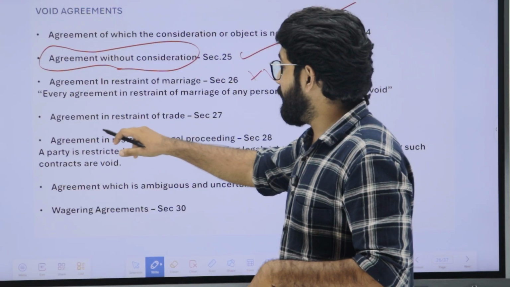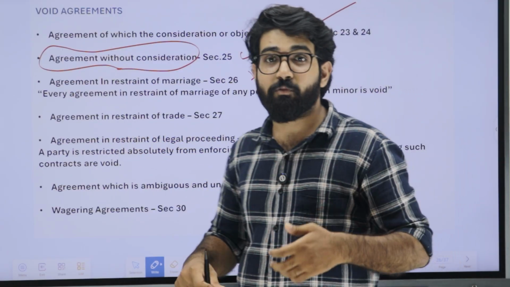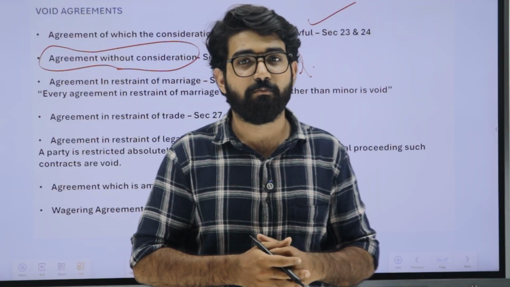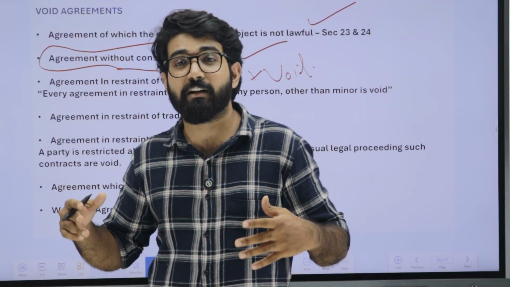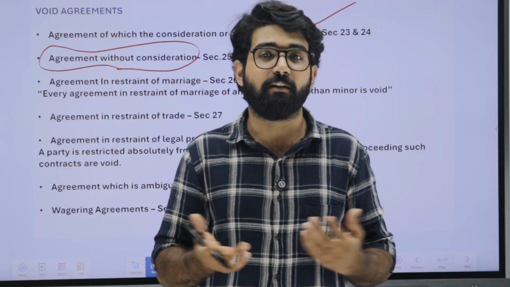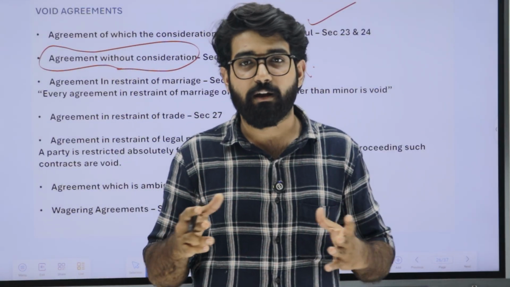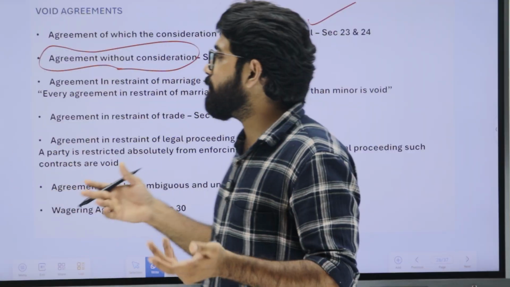Agreement in restraint of trade: telling someone you cannot do certain business, entering into a contract saying you cannot practice a certain profession. It is also a void contract, void agreement.